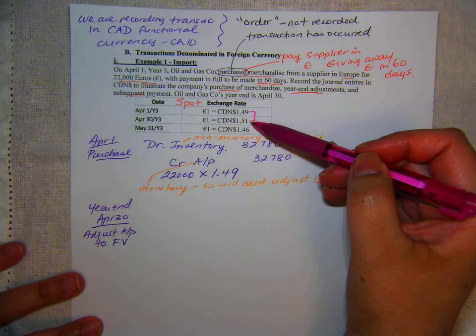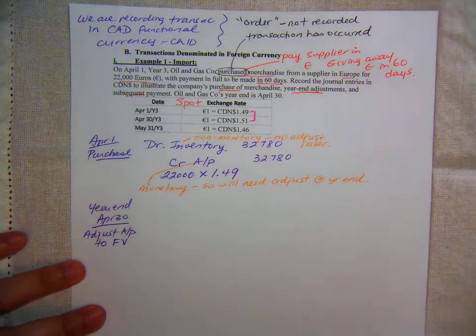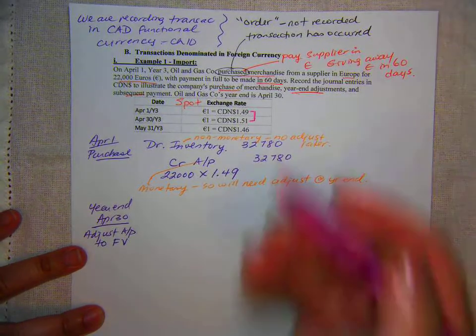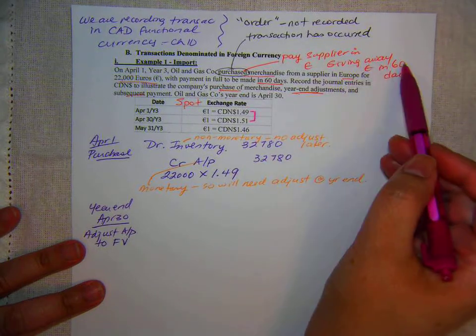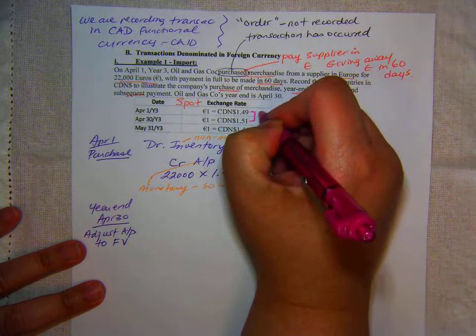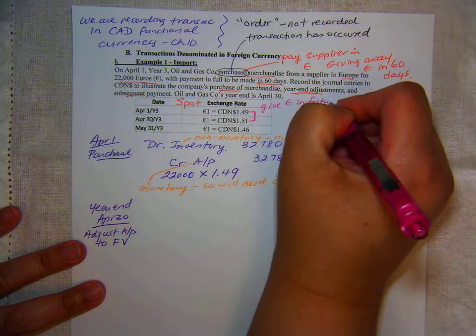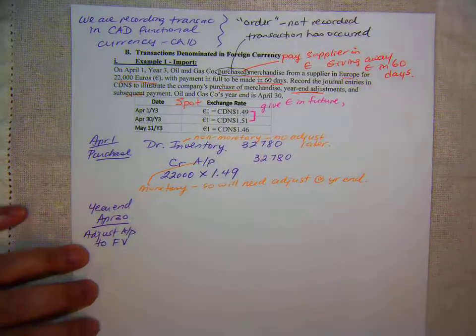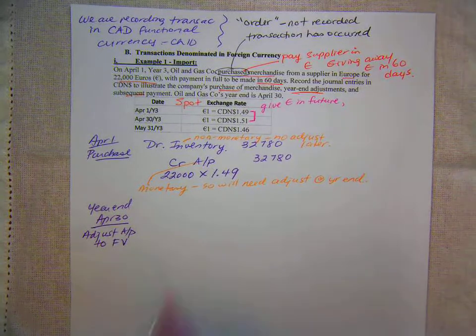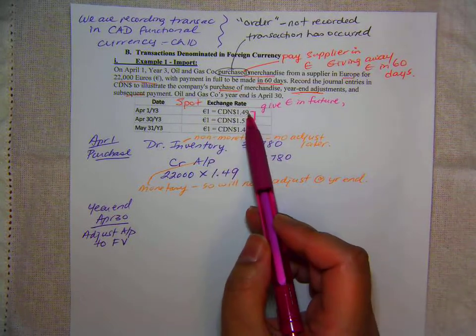Okay? But we can't say if it's good or bad until we determine whether we're giving euros away or if we're getting them. So, in this case, we purchased, so we have to give away or pay in euros. So, we have to give euros in the future. And what happened to the price of the euro? And if thinking of a euro and currency hurts your head, just imagine this is 1 pen. 1 pen used to be worth $1.49 Canadian.